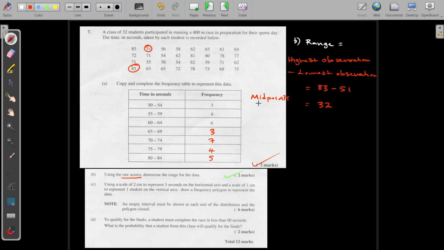Yes, so that's one way to find the midpoint, but we actually have an easier way by just adding the upper and lower limit and dividing by 2. So instead of finding the boundaries and then dividing by 2, we can simply add the limits and divide by 2. So that gives 52. What's the next one?